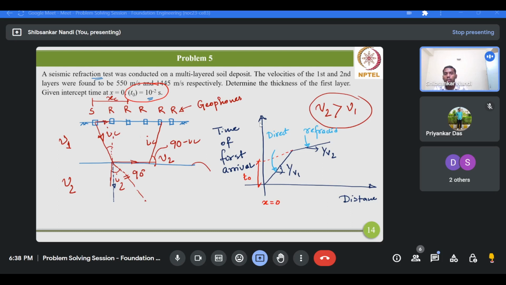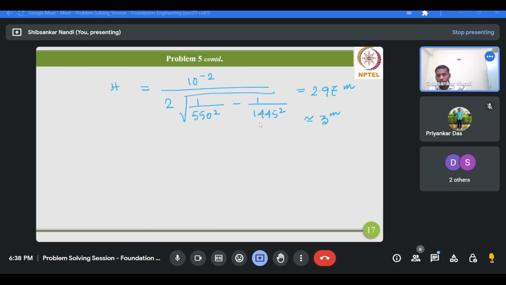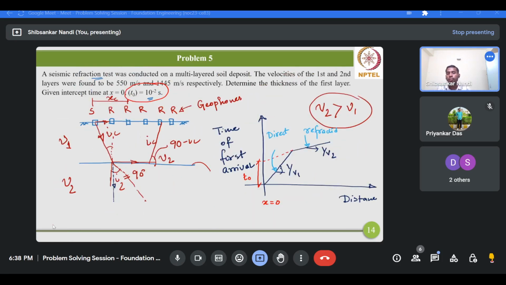Now we'll go beyond this concept and try to determine the critical distance. What is the concept of critical distance? The critical distance is the distance at which both the waves arrive at the same time.